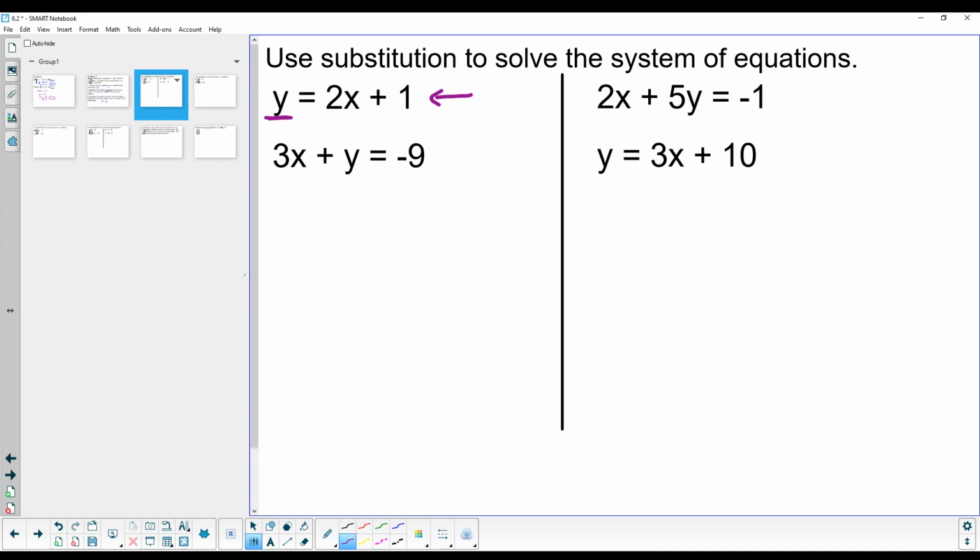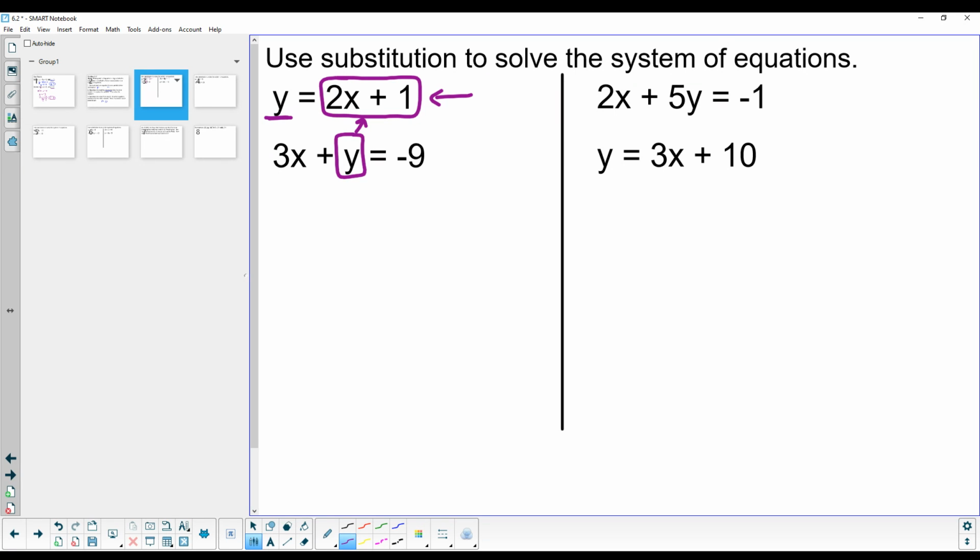On this substituting step, for whatever reason, this is always difficult for some people, so don't worry if you don't get it the first time. You are substituting this expression into this bottom equation down here. If y is equal to 2x plus 1, that means down here, this y is also equal to 2x plus 1.